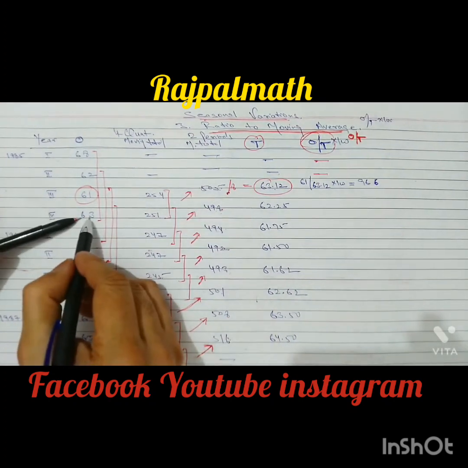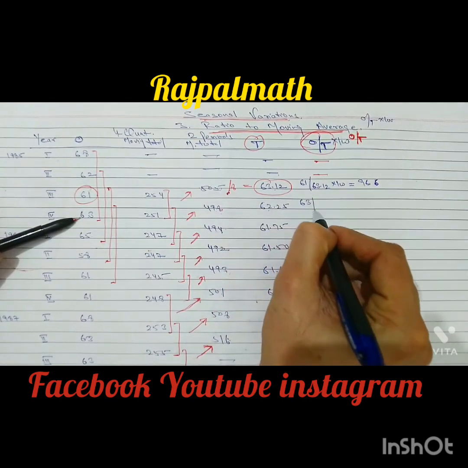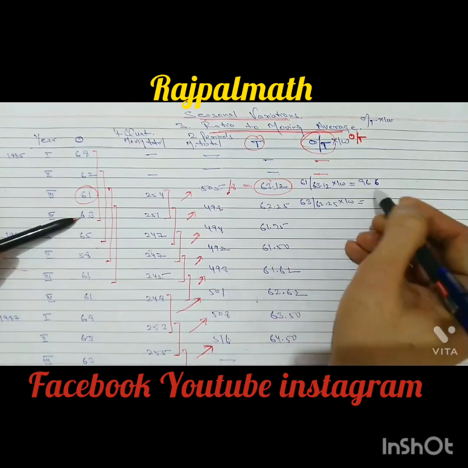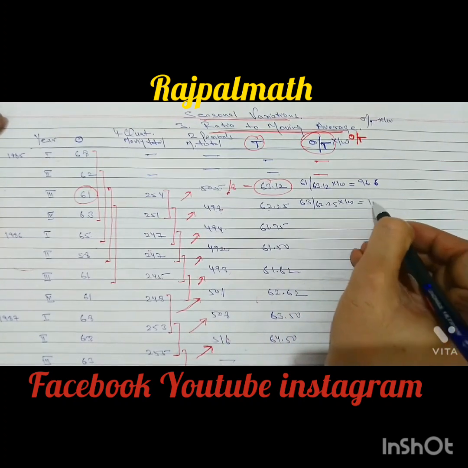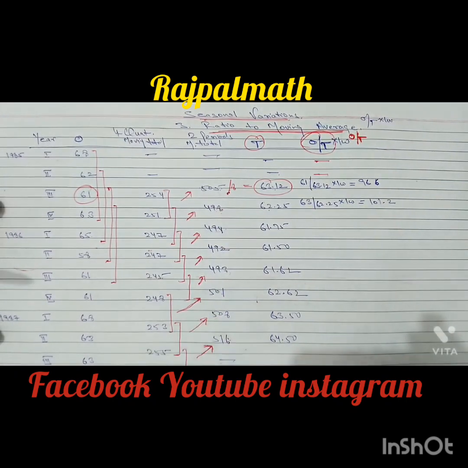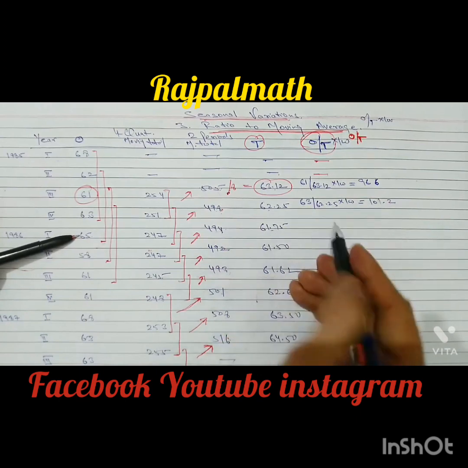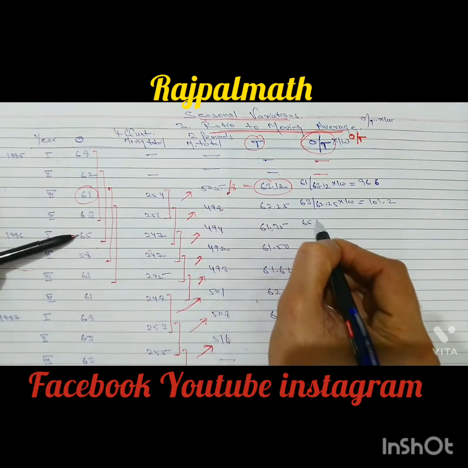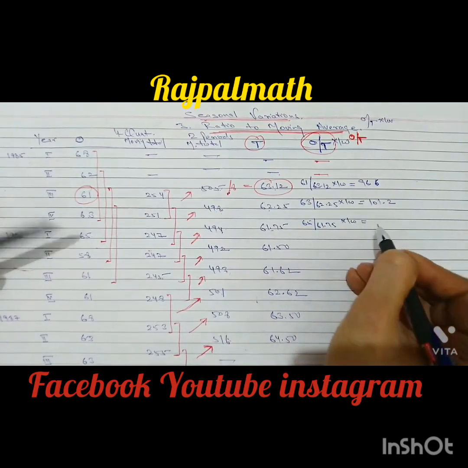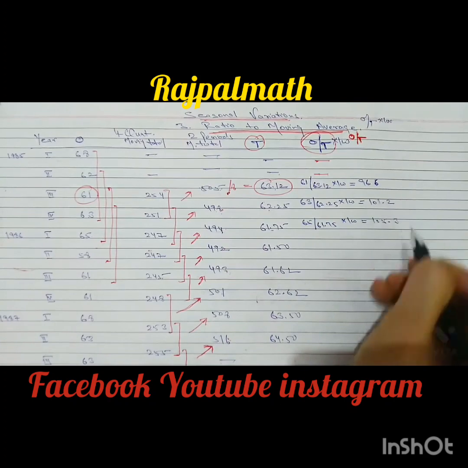Now 63 divided by 62.25 into 100. We get 101.2. Clear? Next, 65 divided by 61.75 into 100. We get 105.3.